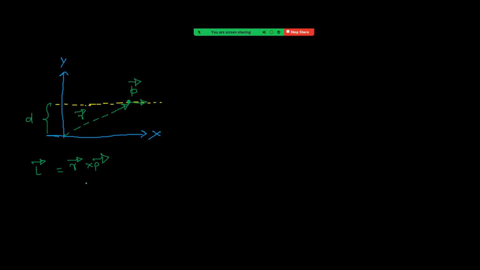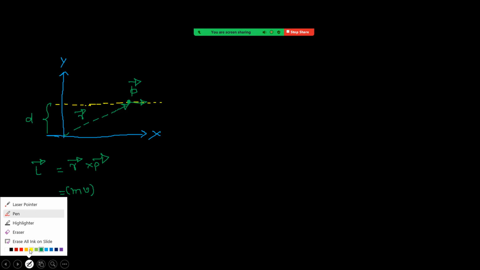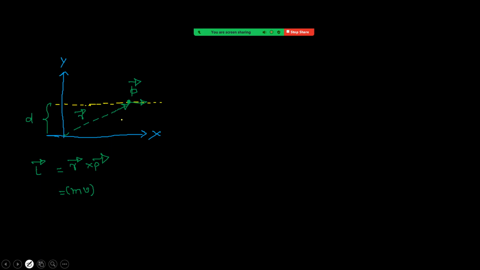Then what we do is multiply the magnitude of momentum with the perpendicular distance. So m v into, you can see now in this diagram, the value of r sine theta is nothing but d.